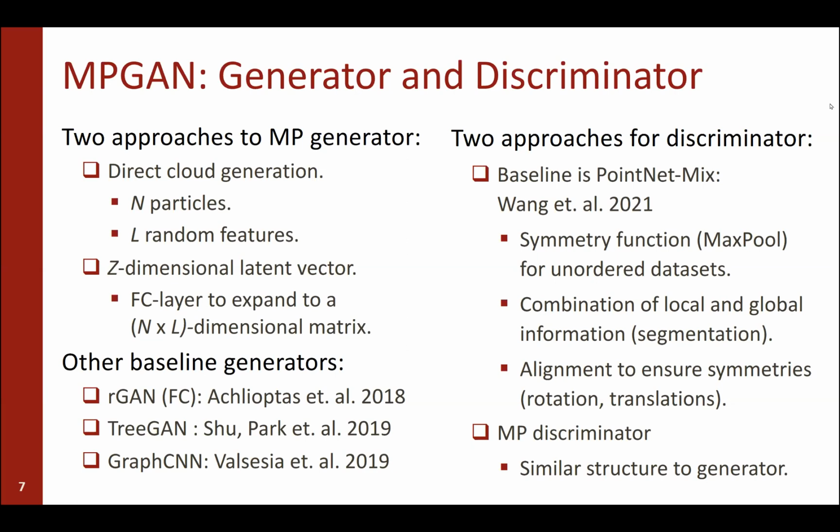And then for the discriminator, we either use that or we use again a message passing GAN, just like the generator. And now I'm sorry that I just noticed that I never said, but yes, the plan is to use particle clouds to represent the jets. So it's a step beyond image. And again, it's kind of natural because, as I said, it's unordered and no hierarchy. If you go to the next slide, please.